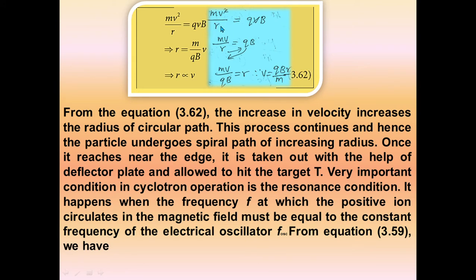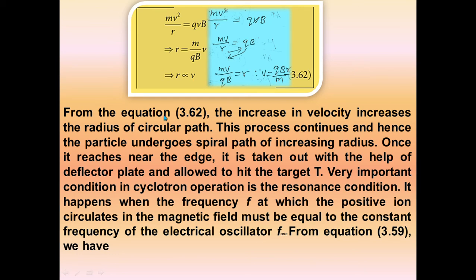Rearranging, r is equal to mv divided by qB. Here the velocity of the charge is v equal to qBr divided by m. From the equation, as the radius of the circle increases, the velocity of the charge also increases.